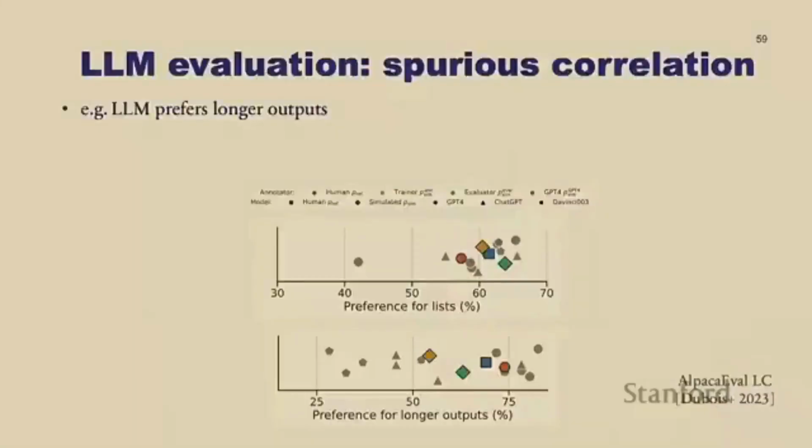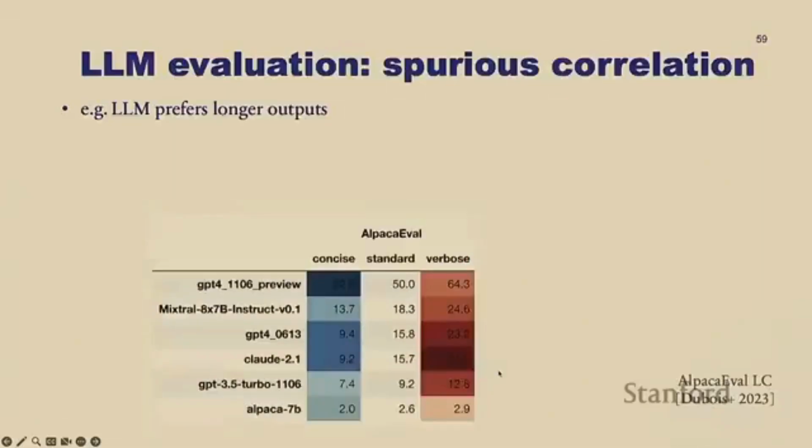Here we see the preference, showing that humans and models prefer longer outputs. And here is another view of the initial AlpacaEval benchmark. When we look at the win rate of GPT-4 versus GPT-4 itself, if we use the standard GPT-4, it gets 50% by definition because we're comparing GPT-4 versus GPT-4.